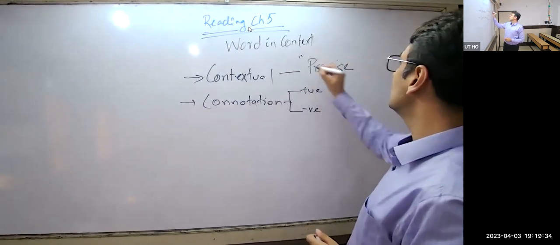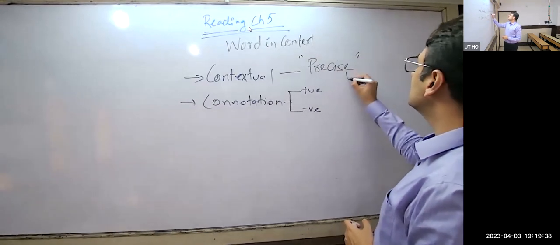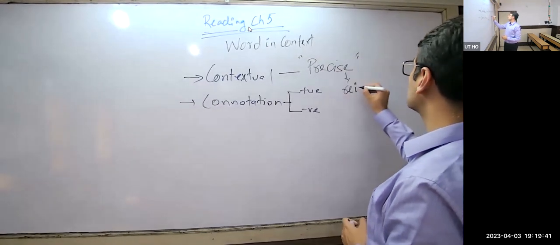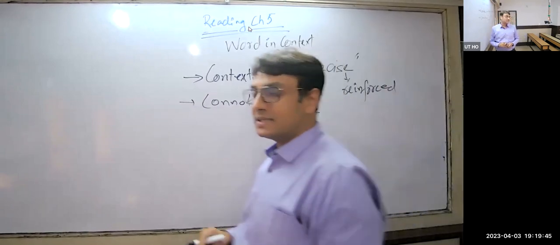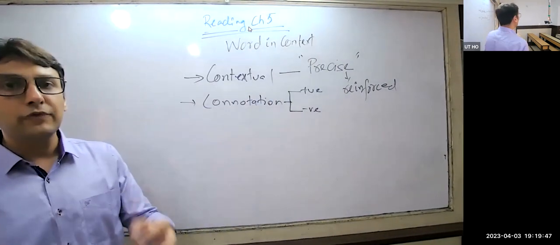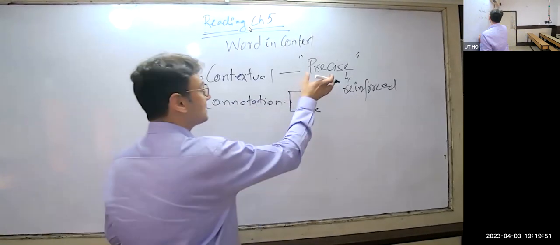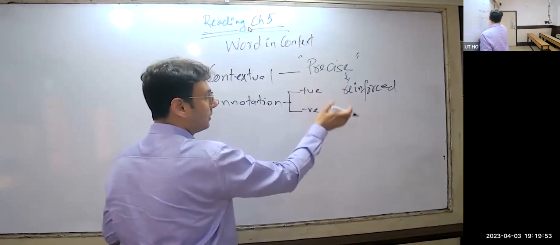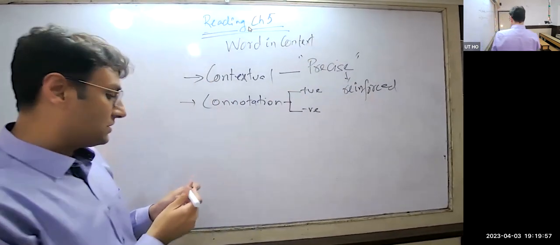And this meaning of the word should be reinforced somewhere in the passage, either before that word appears or after that word appears. So we'll have to look for the precise meaning among the 4 options, and that meaning should reinforce the passage theme.